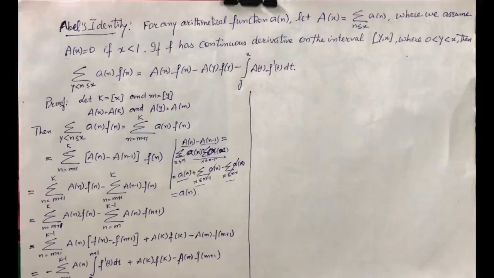Further, again the first term as it is, and we will write A(n) inside the integral of f'(t) dt, plus A(k) f(k) minus A(m) f(m plus 1), because for t lying between n and n plus 1, A(t) equals A(n). So that's why we have taken A(n) inside the integral.